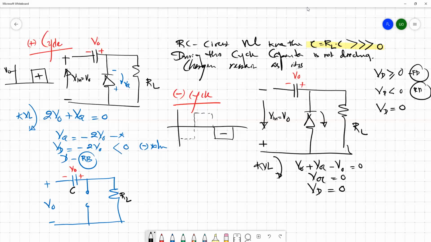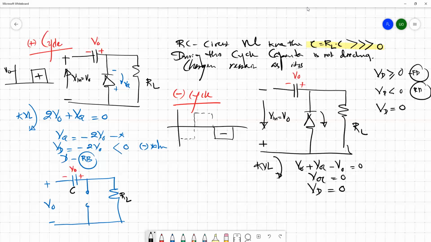So if your diode is in the reverse situation in the previous cycle, even if the voltage across the diode is 0, it never gets on. So it means the past state would be the reverse bias situation. If the voltage applied across the diode is 0, it never turns on. If your previous state is forward bias, it means this diode is already on.